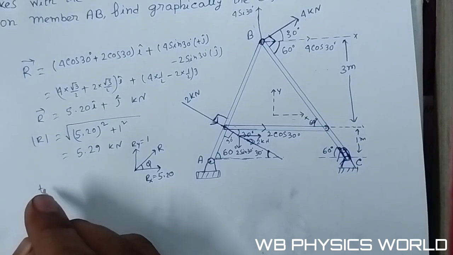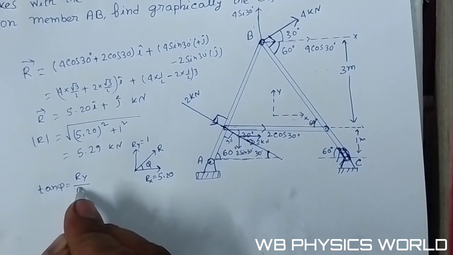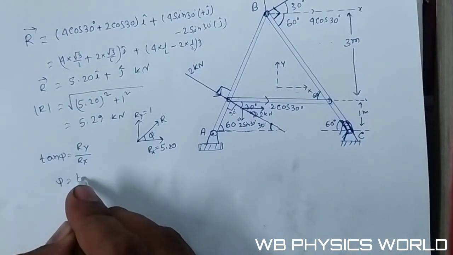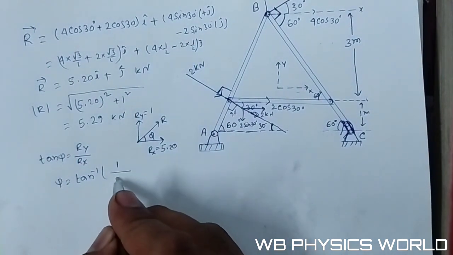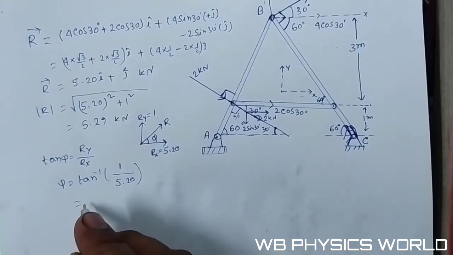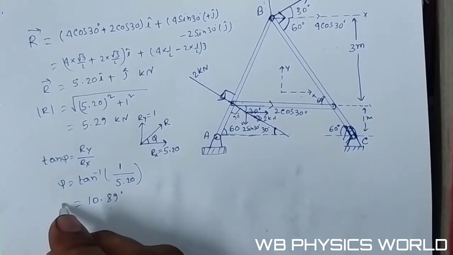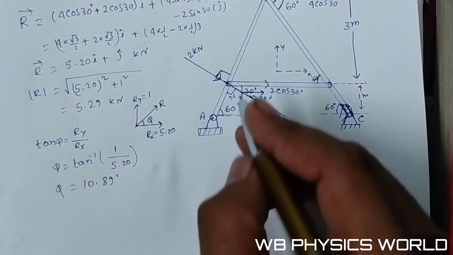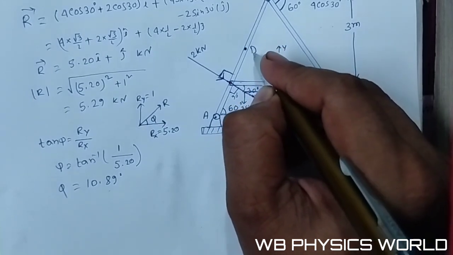So tan phi is equal to Ry by Rx. So phi equals tan inverse of 1 by 5.20, and this angle is 10.89 degrees.